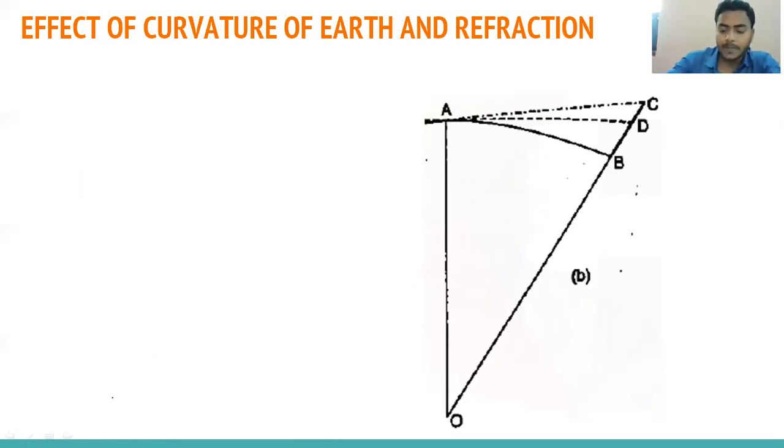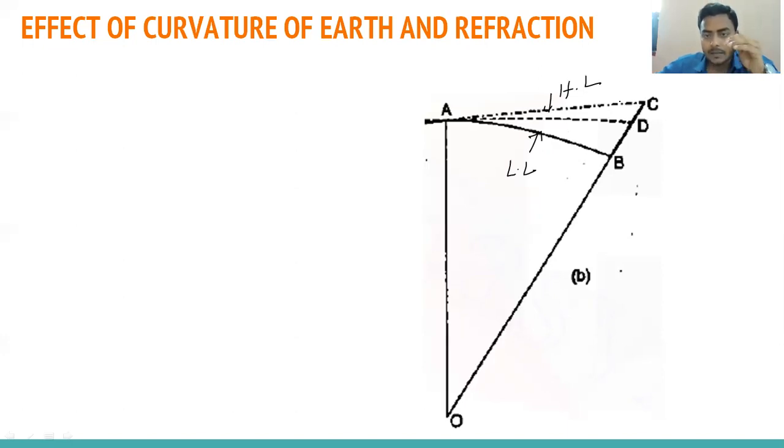Now come to the refraction property. AC was the horizontal line, AB was the level line. Now you will see that the line AC gets bent towards Earth, showing Earth as concave.